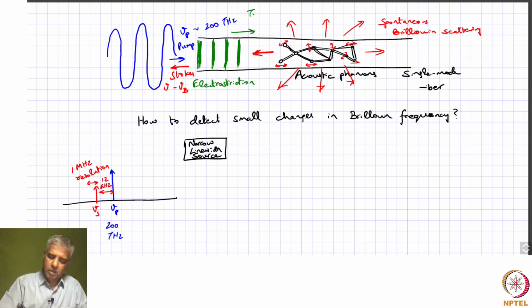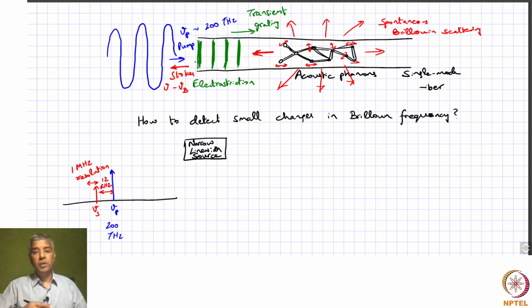So this is what you call a transient grating, which is moving continuously along the fiber. That is the key part. In a Bragg grating, you have only fixed positions where the grating is present, and you can have multiple gratings along the length of the fiber, but those are all in discrete positions. But in this case, the grating is swept all along the length of the fiber, and so you can realize a true distributed sensor because of that.